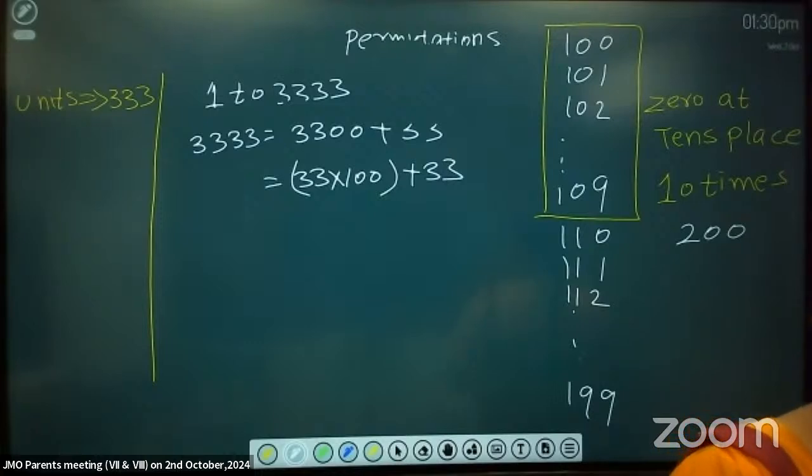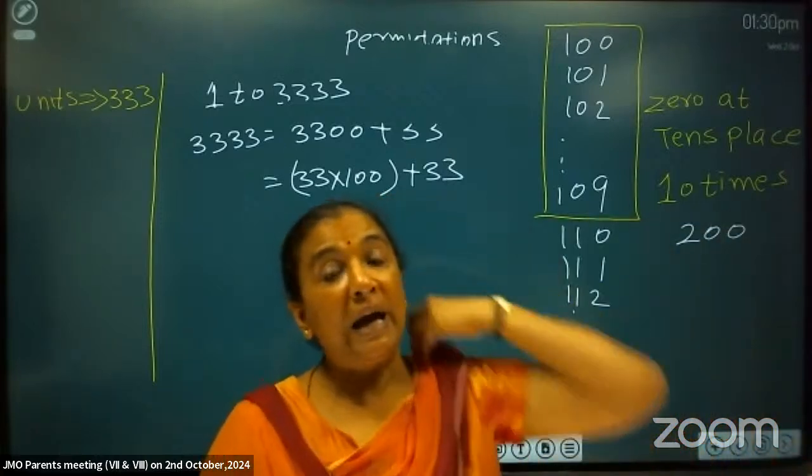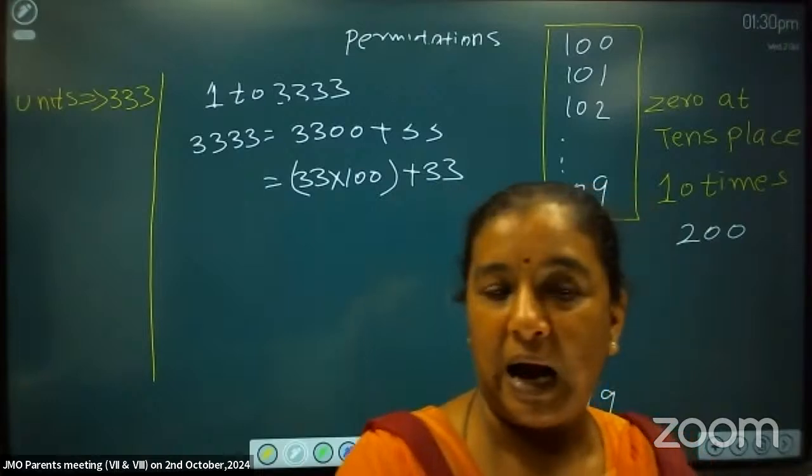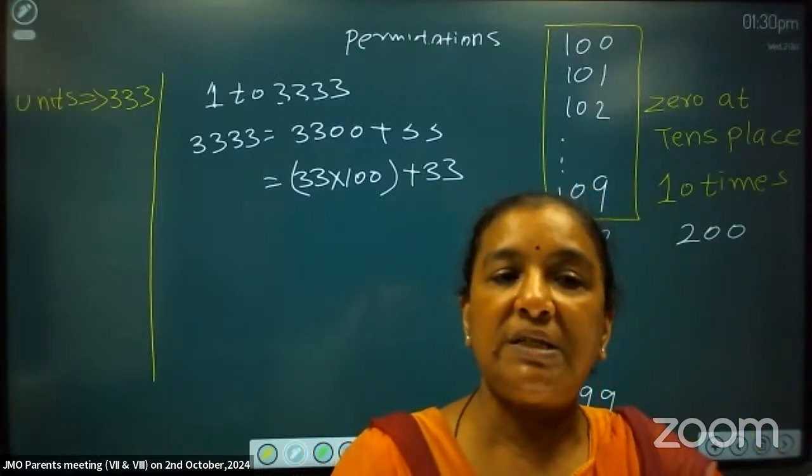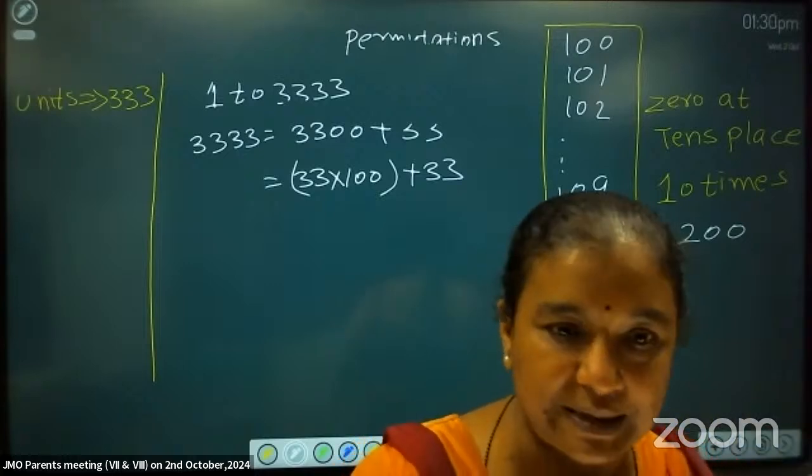You understand this logic? So for every 100 I count, there are 10 numbers which have 0 at tens place.